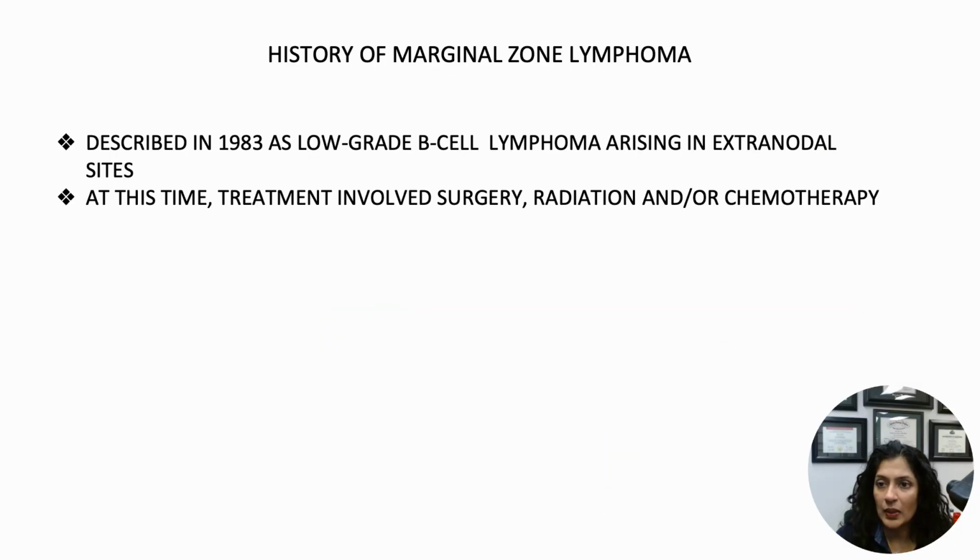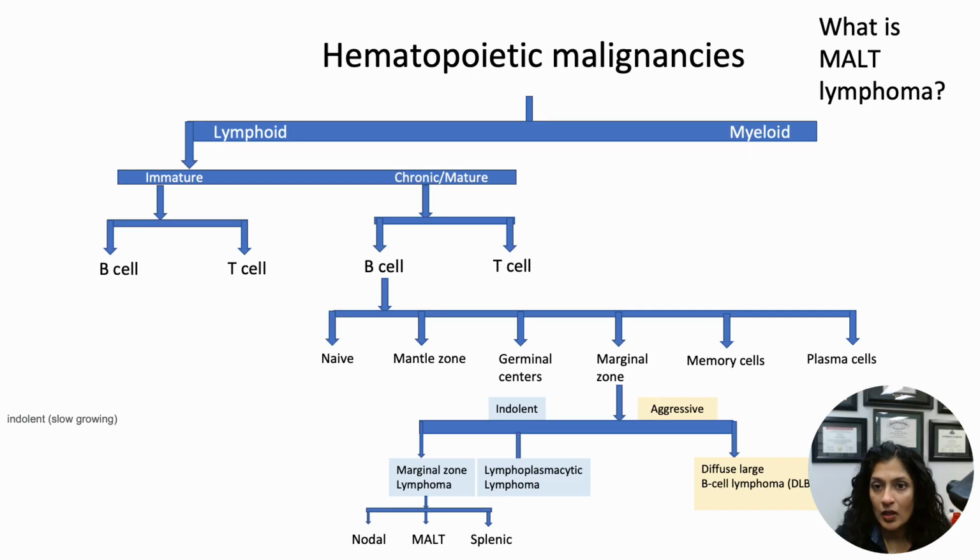At the time that marginal zone lymphoma was described, it was thought to be a low-grade B-cell lymphoma arising in extranodal sites. At this time, treatment mostly involved surgery, radiation, and/or chemotherapy. Now, though, we have come to understand that marginal zone lymphoma can be categorized into 3 different subtypes.